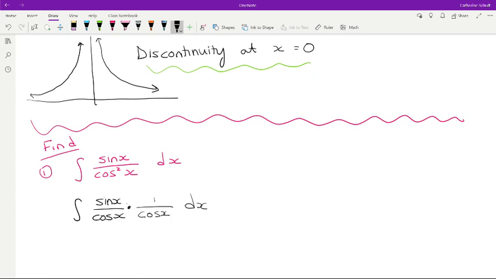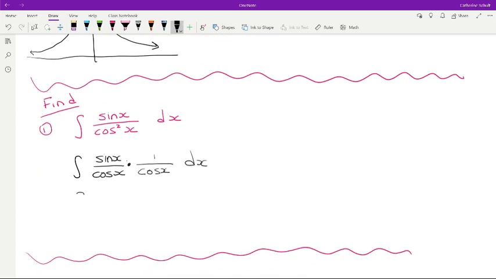All right, so I have to think a couple steps ahead because I'm just thinking of antiderivatives and trig functions. And now what do we have? This is sine over cosine, which is tangent. 1 over cosine is secant. I can definitely write out tangent and secant, but it's a little bit more familiar to us when we see it like this, right?